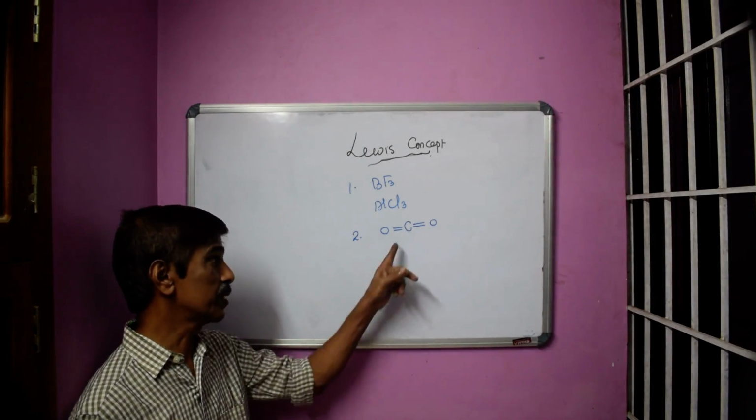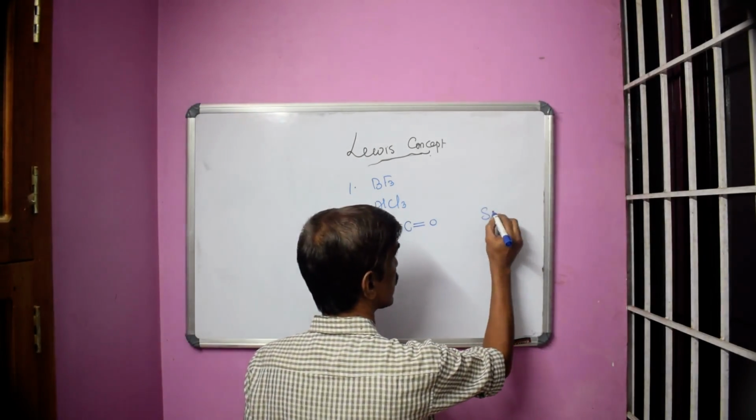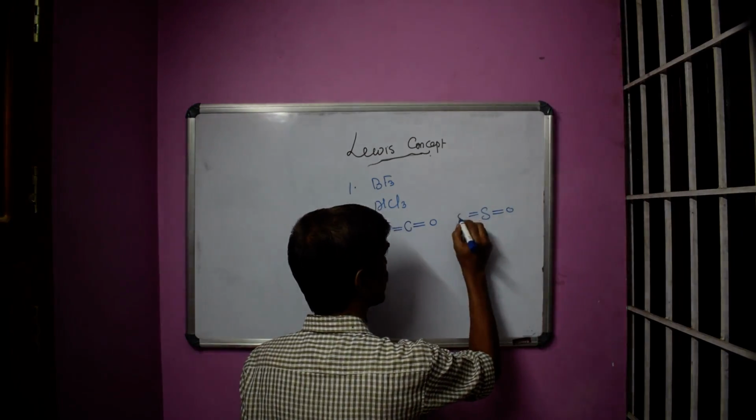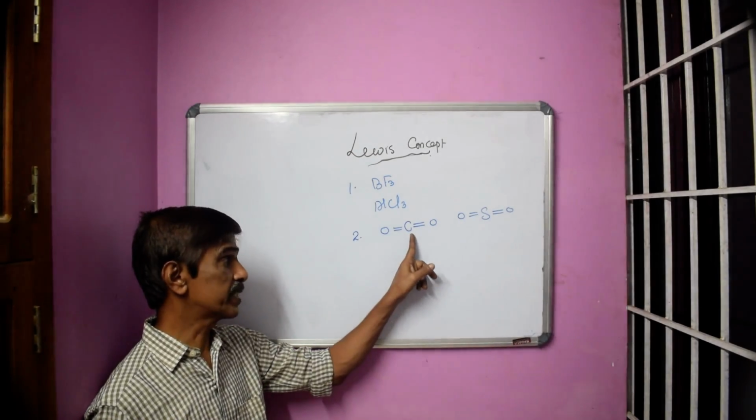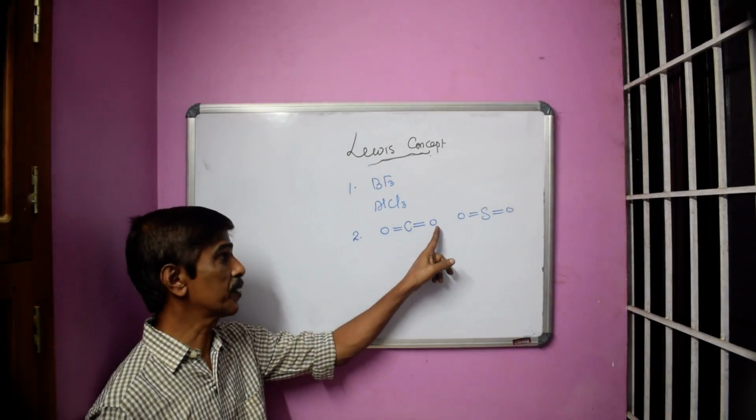In such cases, an example is say SO2. Here you can see that this atom has a lower electronegativity compared to oxygen.